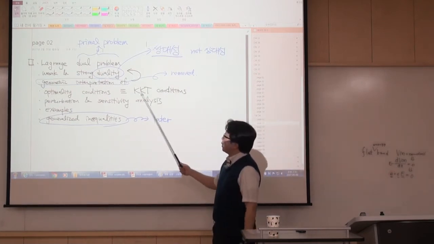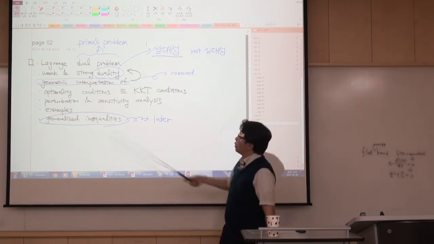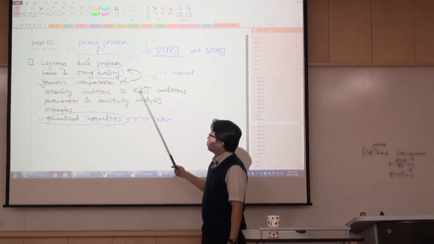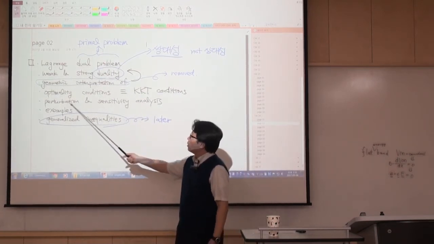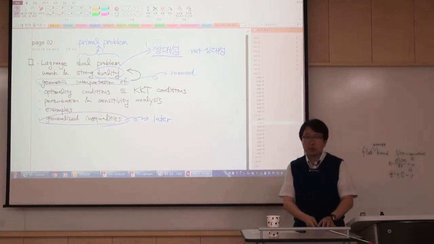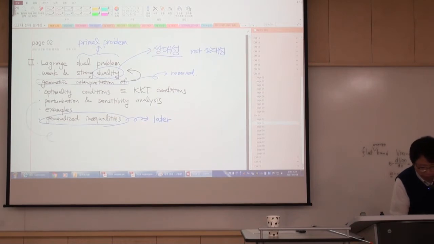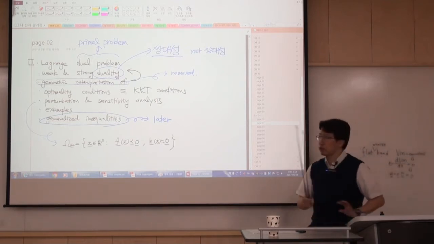And the KKT condition is also related to this dual problem. So it seems that everything is related to the dual problem. And moreover, perturbation and sensitivity analysis is related to the dual problem formulation. So it's like this. For example, you had an original explicit constraint that looked like this, for a general explicit constraint form for a constrained problem.